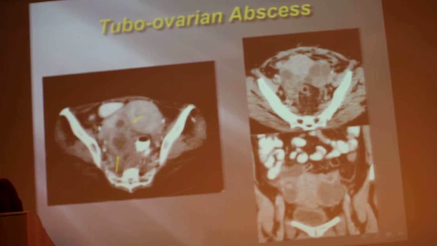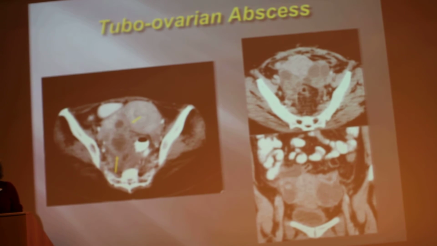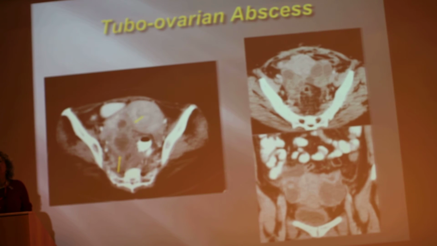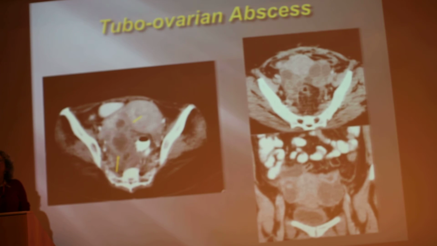And it can be unilateral, it can be bilateral, but one thing for sure, you can't make the diagnosis of tubo-ovarian abscess without inflammatory changes in the pelvic fat, because a multi-loculated mass can be not on an infectious basis, and you have to see the changes in the pelvic fat to be sure that you are talking about infection in the pelvis.